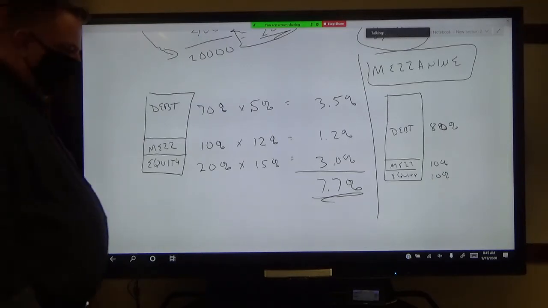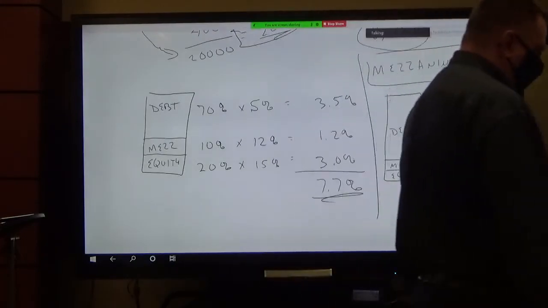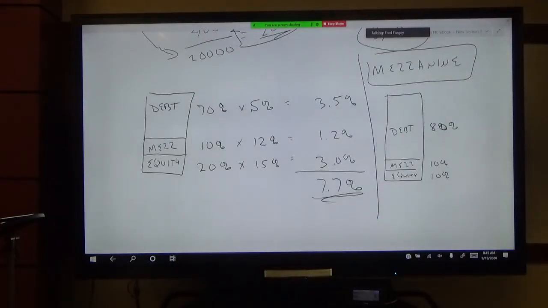Just curious, a mezzanine player wouldn't be like another bank, it would actually be like a... It could be, but in many cases, it might be private equity, could be just someone looking for sort of joint venture. It could be some sort of fund that has been created specifically for that purpose.